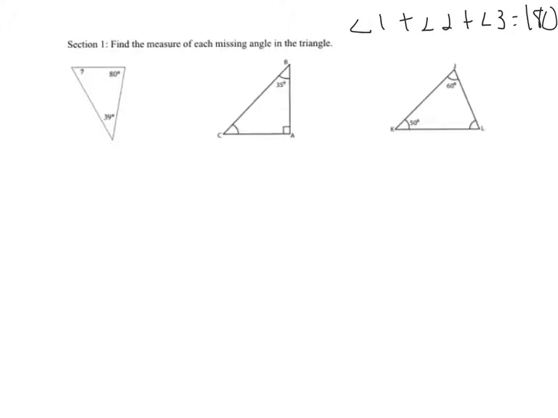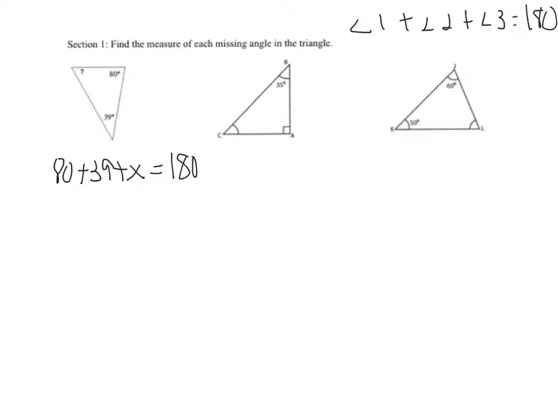So now let's look at these first three problems. And on the test, you're going to have to write an equation for at least one problem that is similar to this. So for this equation, I could say that 80 plus 39 plus x equals 180 degrees.